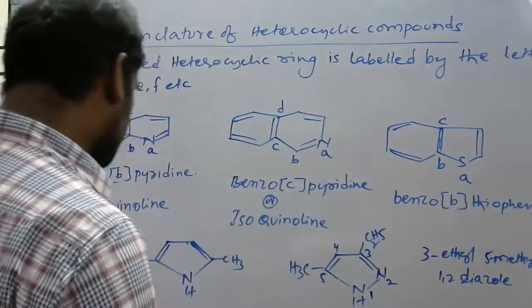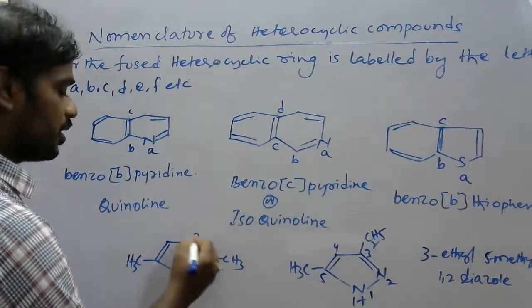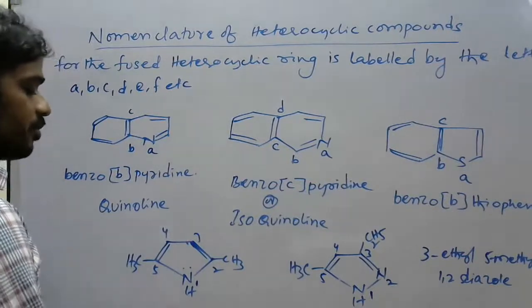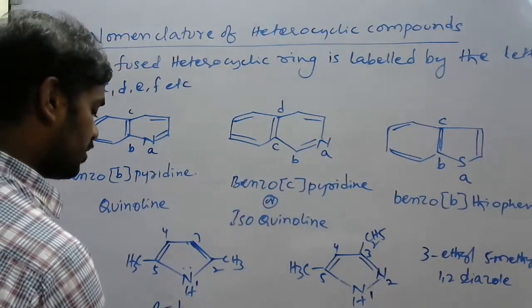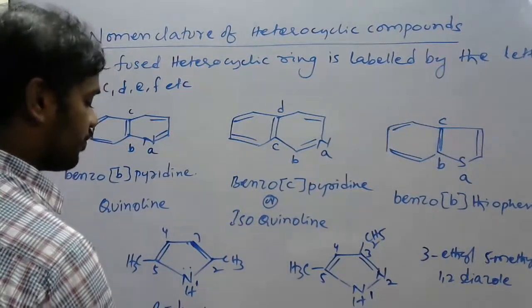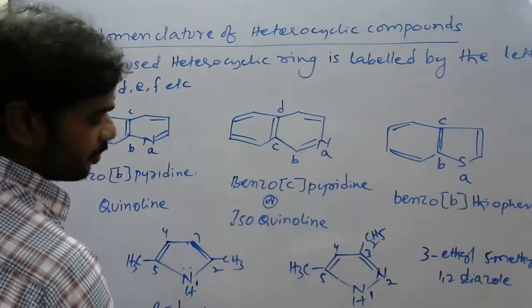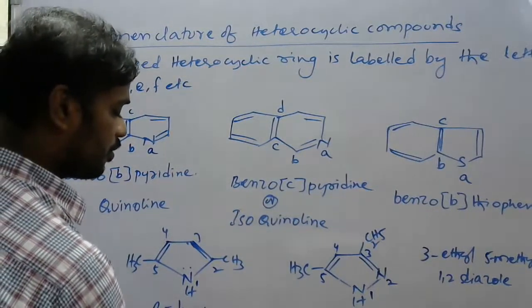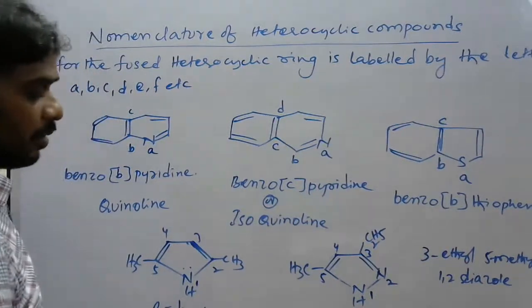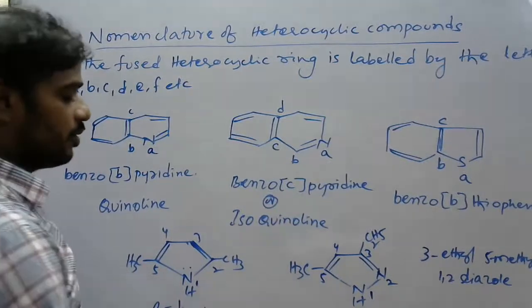In this ring, we give the numbers 1, 2, 3, 4, 5. So the name is 2,5-dimethyl pyrrole, or azole.